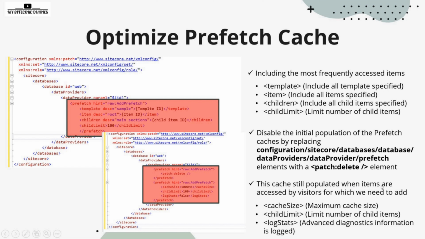And the second thing is that the cache will still populate when items are accessed by the visitor, where you can add these things. Now in this configuration we are defining cache size 100 MB, child limit 100, and log status false. So basically, instead of caching at the initial time at the start of the application, it will start when a visitor tries to access those items. So this is how you can optimize the prepage cache.